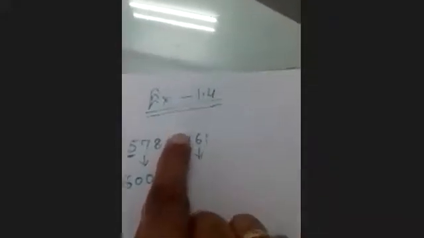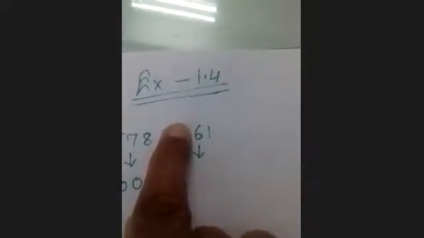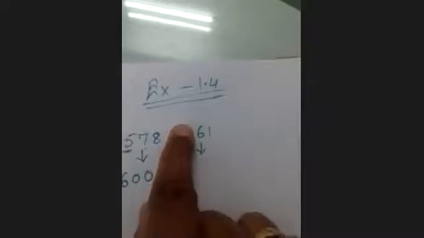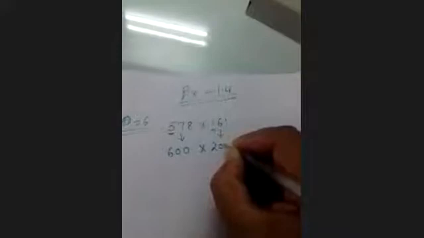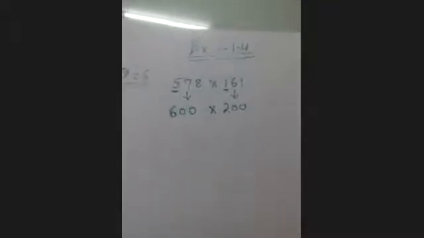So put your finger at 1 and observe the next number. The next number is 6, so its nearest value will be 200. Clear, students?